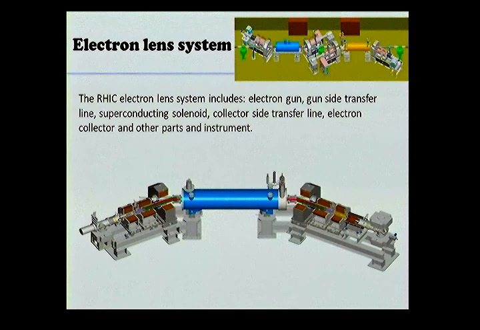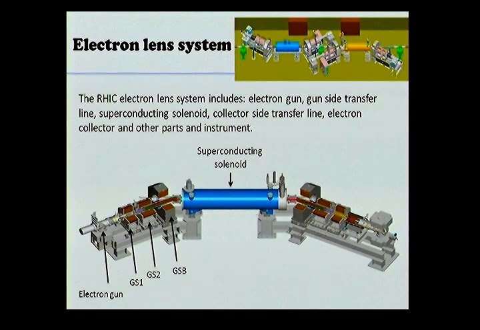Here I show the electron lens system. We have two electron lenses, but here I only show one of them, for example, the blue ring electron lens. Each electron lens system includes an electron gun and transfer line on the gun side, which consists of 3 magnets, a superconducting solenoid, and the transfer line on the collector side.